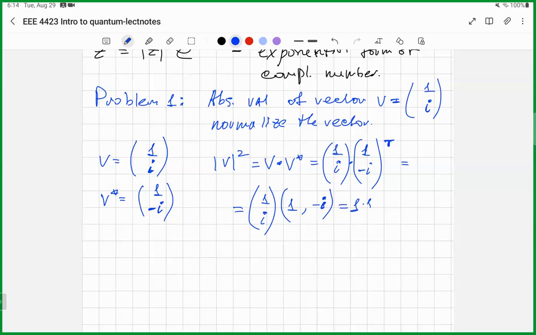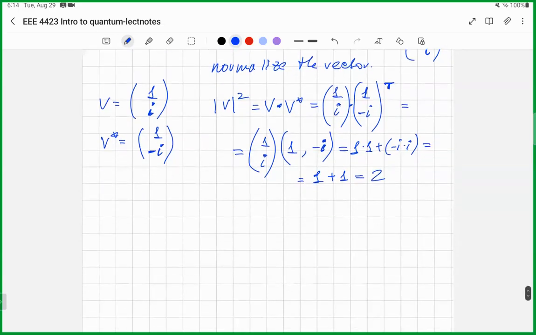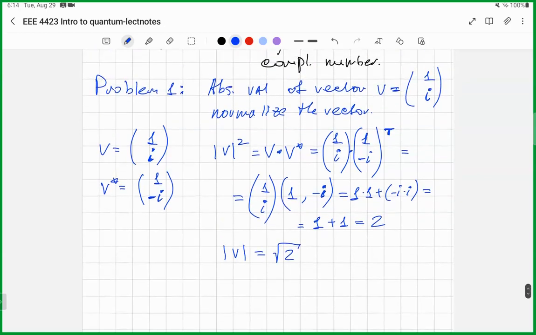So it's 1 times 1 plus minus i times i, which is equal to 1 plus, and minus i times i gives minus 1, so it's another 1, so it's equal to 2. So the absolute value squared is 2. The absolute value itself is the square root of 2, right? And so this is the answer to the first question.